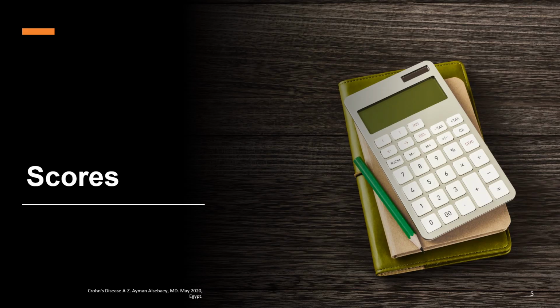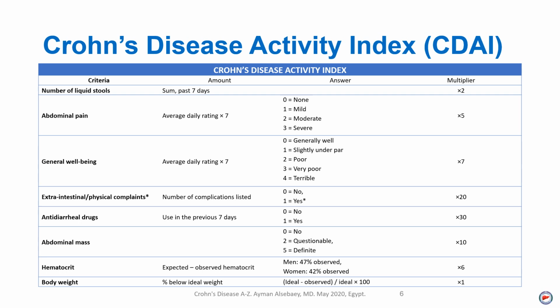Now we will begin with the scores. The first score, which is used in most studies, is called Crohn's Disease Activity Index, CDAI. Okay, this score, if we look at it, depends mainly on the symptoms of the patient: number of liquid stools per day, abdominal pain, general well-being, extraintestinal or physical complaints, antidiarrheal drugs, abdominal mass, hematocrit, body weight.